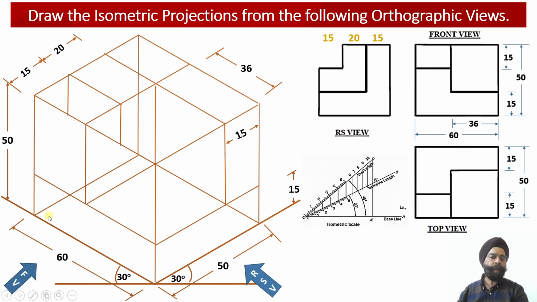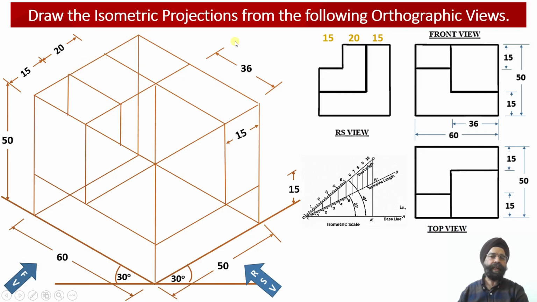This will be drawn parallel to the x-axis. We have drawn two vertical isometric projector lines over here parallel to the y-axis, indicating the height of the step. So the height of the step will be equal to, we can check over here, 15 millimeter. So this 15 millimeter height we have marked from a distance of 35 millimeter from the rear side.